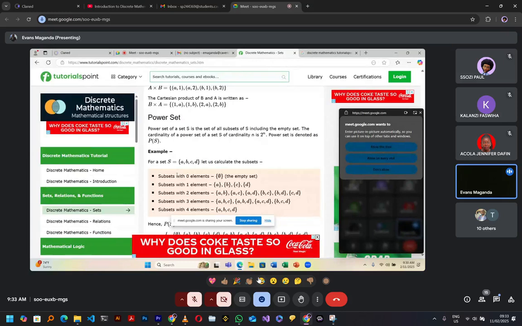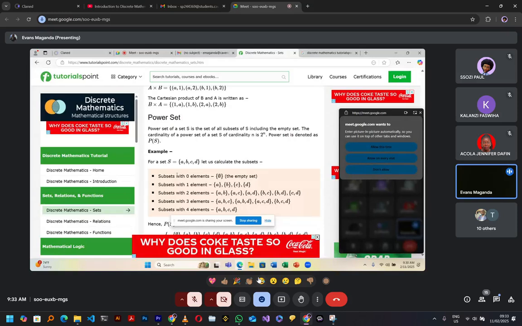Now, what we are saying, when you talk about a power set, you are trying to assess, from the definition, all subsets of that particular set. Depending on the number of elements you have in that set, you can break down all the possible small units that that set can have.